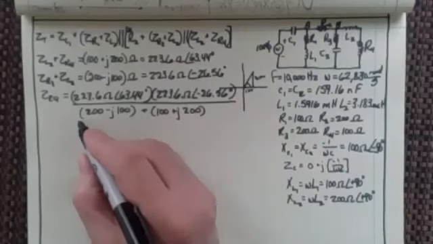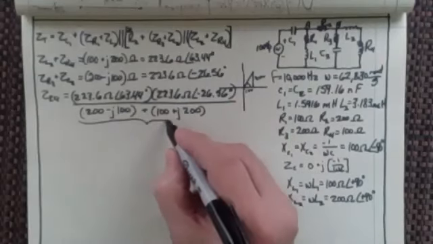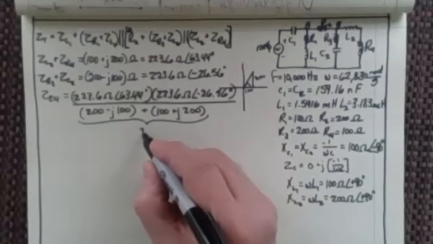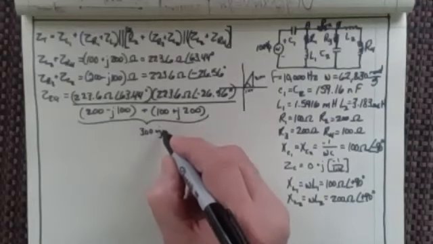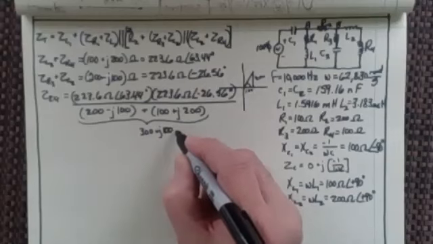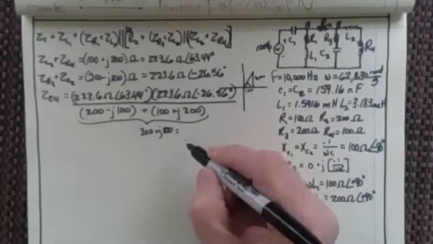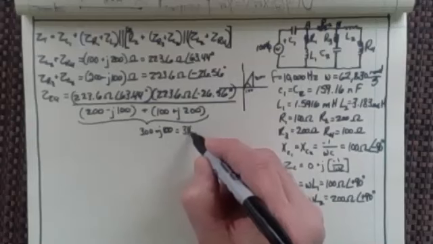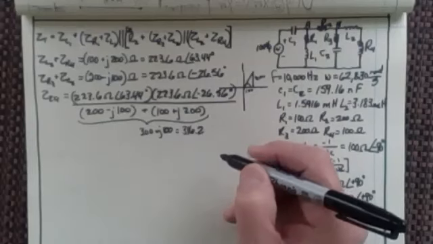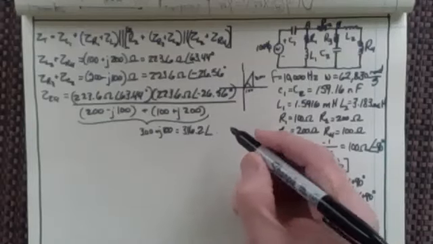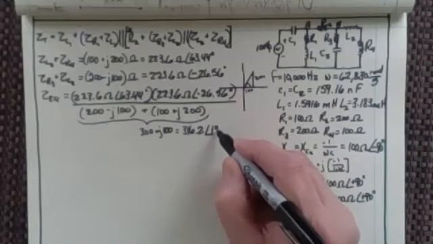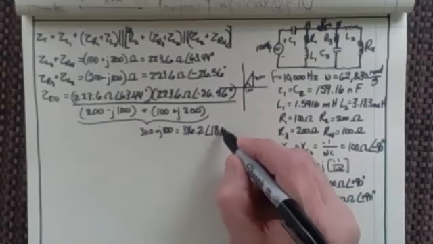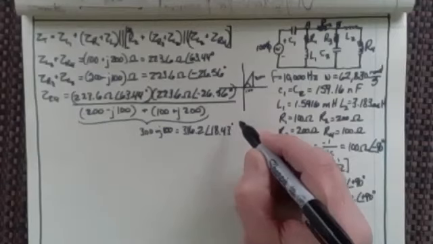So this part right down here equals 300 plus J 100. And if I wanted to write that out, that would be 316.2 at an angle of 18.43 degrees.